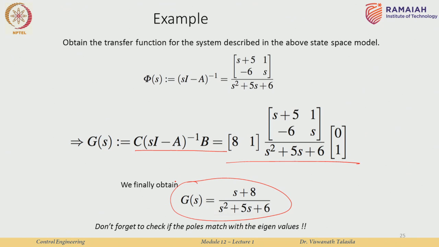Now, it is important to remember that you may have made a mistake in the derivation. The simple way to double check is to compute the poles of this transfer function. So, there is a quadratic equation, so you just use minus b plus or minus square root of b square minus 4ac by 2a, and you compute the poles. In this particular case, I think it will be minus 2 and minus 3, these are the poles.